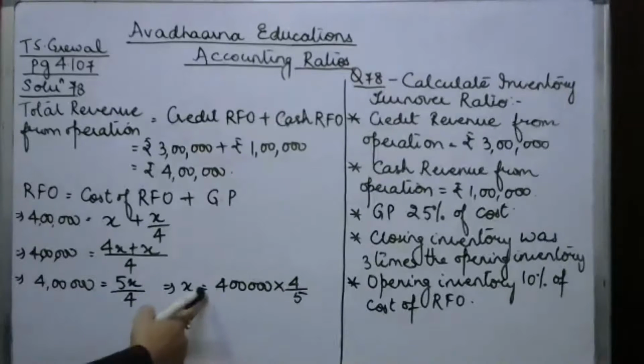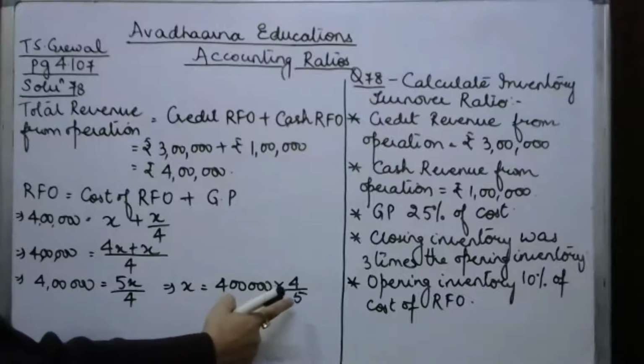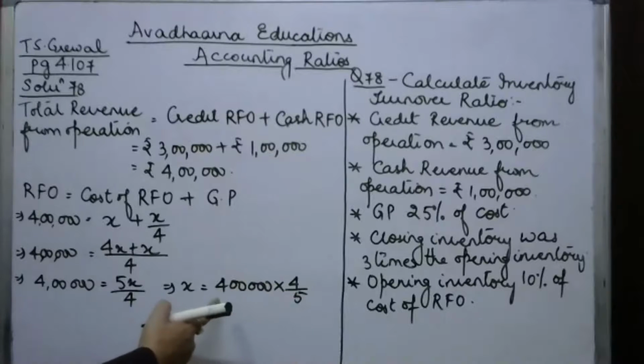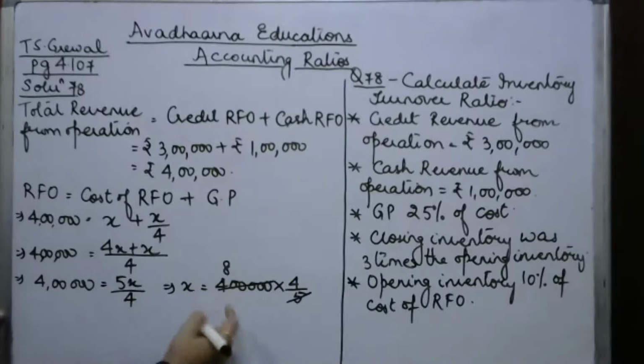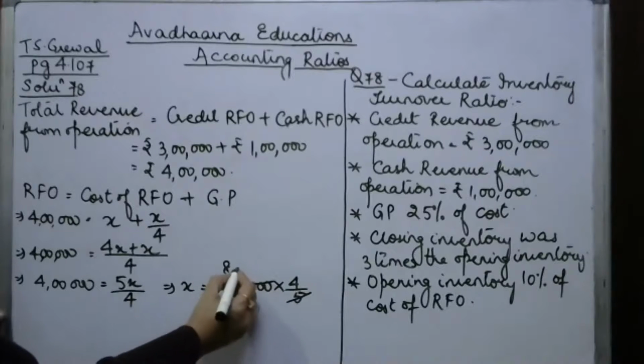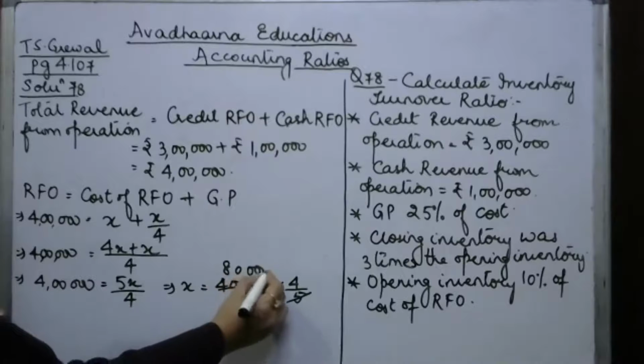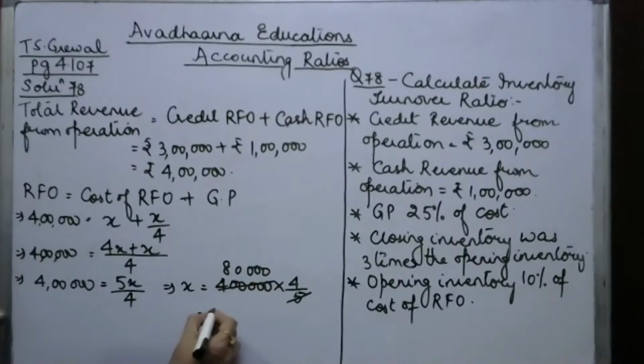Now if I solve it for x, this is 80,000, and 80,000 into 4 is rupees 3,20,000.